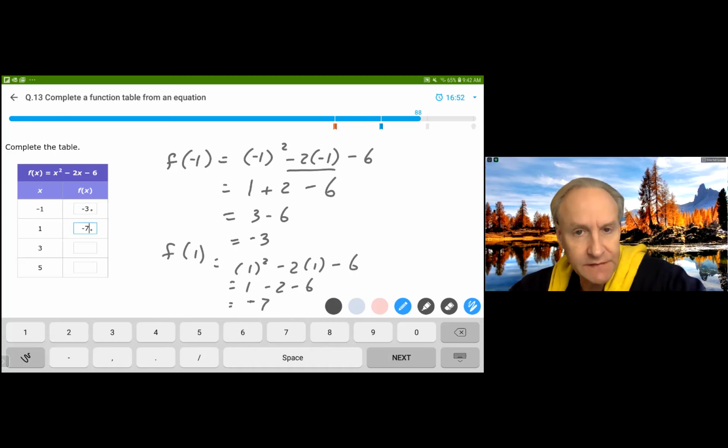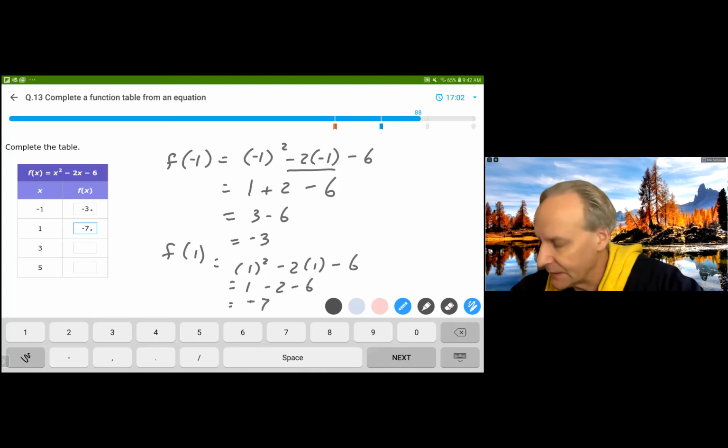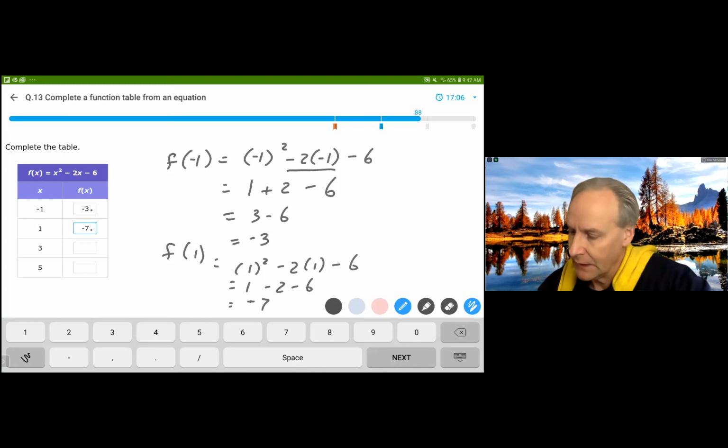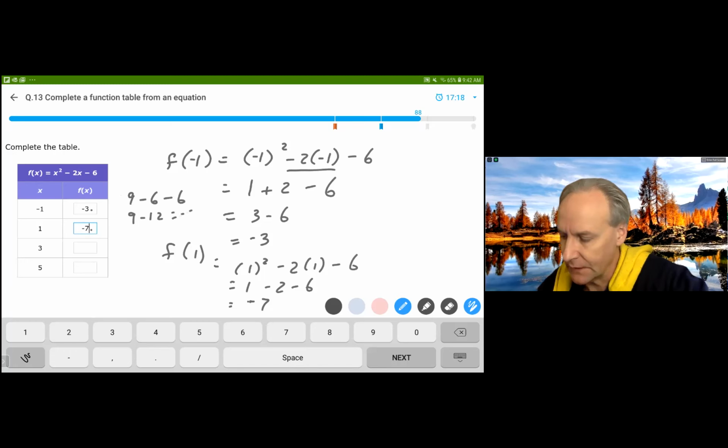There is no nice, easy pattern to this because this is a parabola and it's off a bit. It's going to give you all sorts of trouble. The best option is to just go ahead and substitute it in and find your values. I'm going to go ahead and square it in my head. 3 squared is 9, minus 2 times 3, which is 6, minus 6, which is 9 minus 12. That's negative 3.